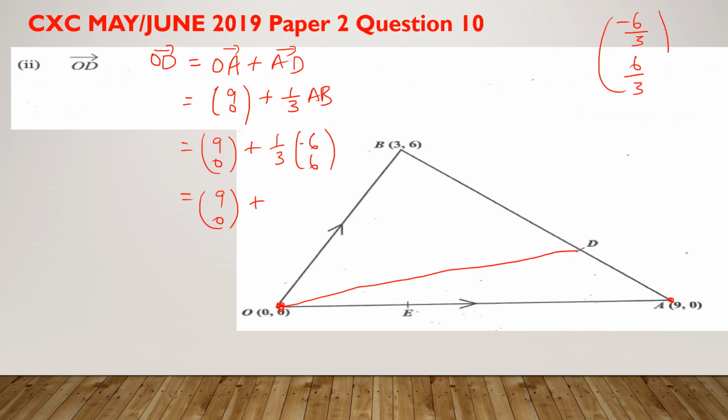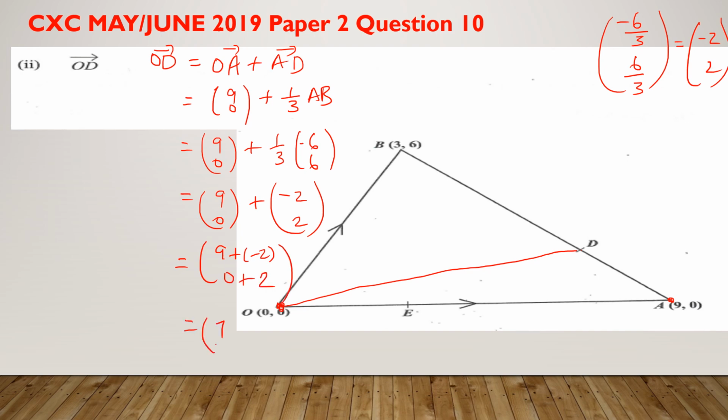That's what that means. And that is going to give us negative 2, 2. Then we're going to add 9 plus a negative 2 and 0 plus 2. That is going to give us 7, 2. And that's our final answer.